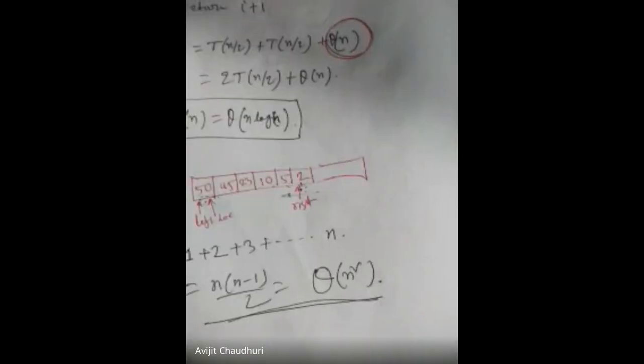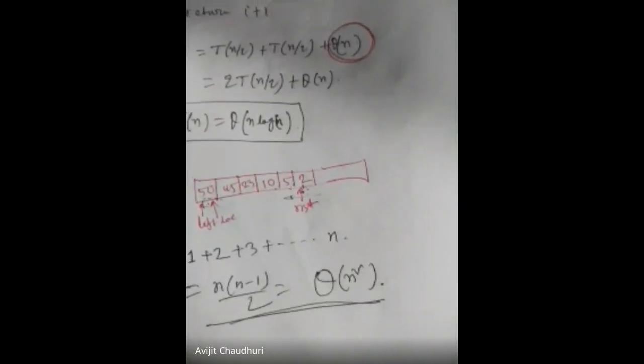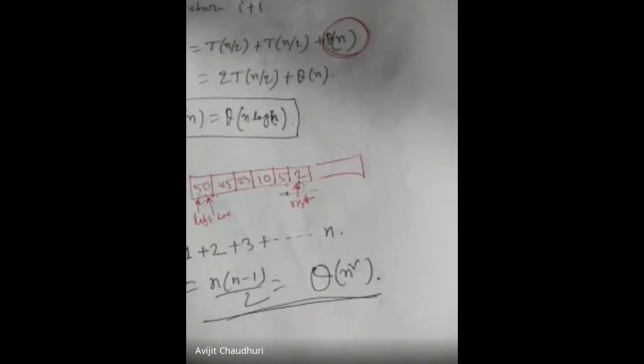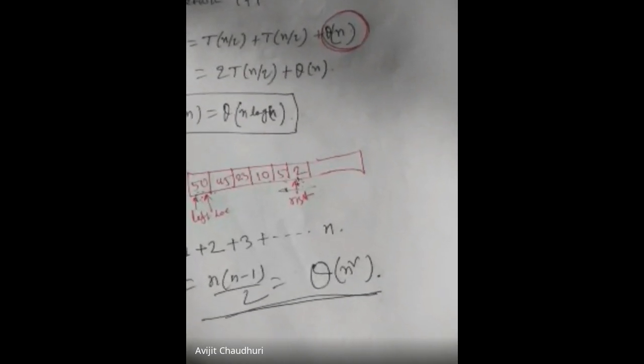What is written? Average case is 2T(n/2) plus theta of n. He is asking why it is written theta of n log n.